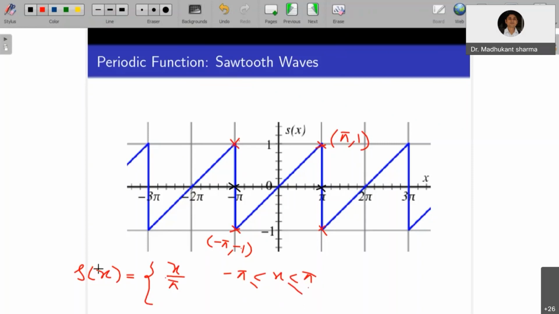At x equals pi, s of x is 1. We have this straight line.